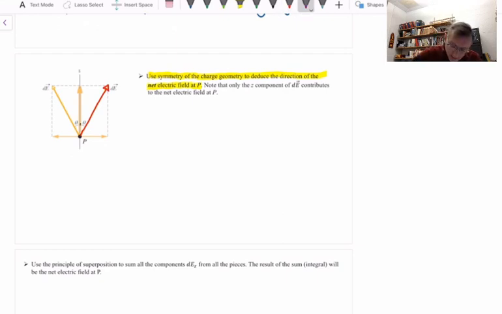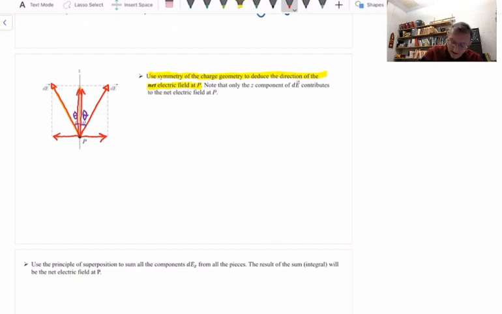The dE makes an angle theta with the z-axis, so that the dE has a component perpendicular to the z-axis, and it has a component along the z-axis. And then here's the dE from that diametrically opposed piece of the ring. It makes the same angle theta, but on the other side of the z-axis. And so it has a component perpendicular to z, that would be this one, and a component along z, that would be that one.